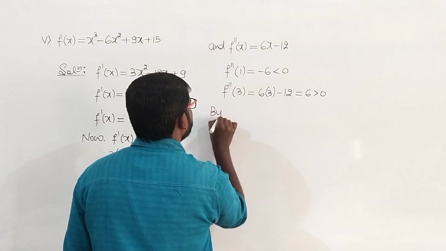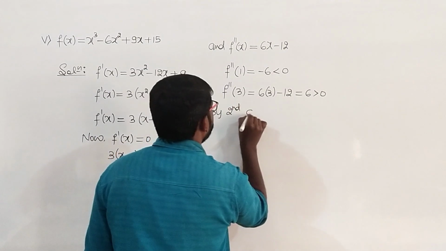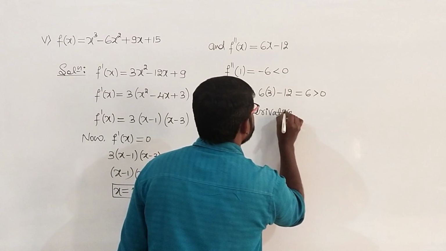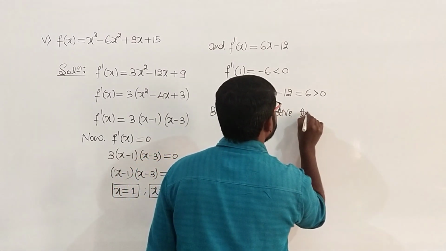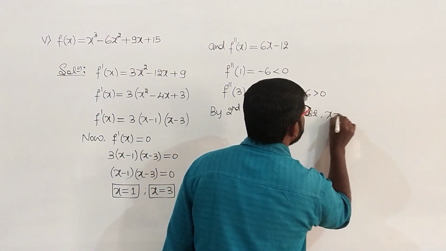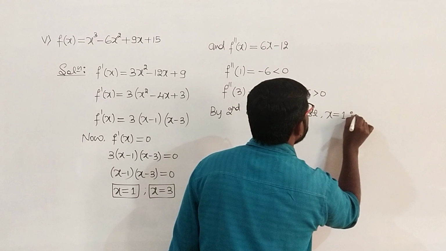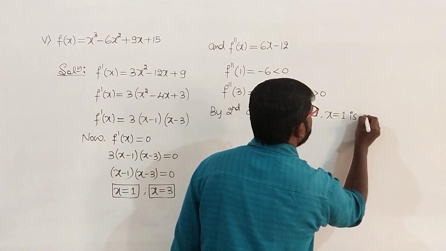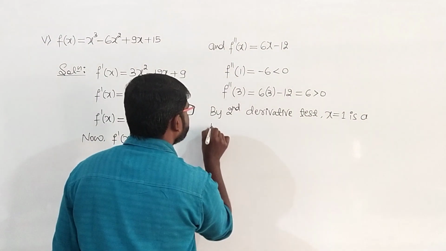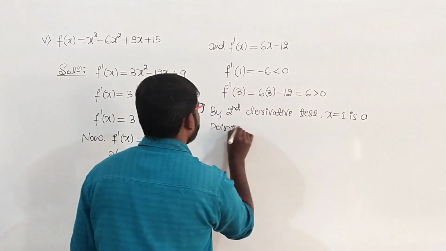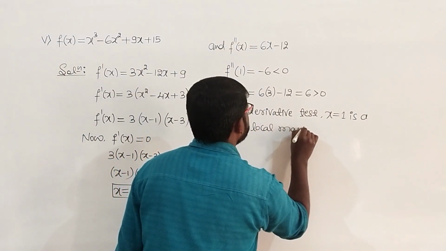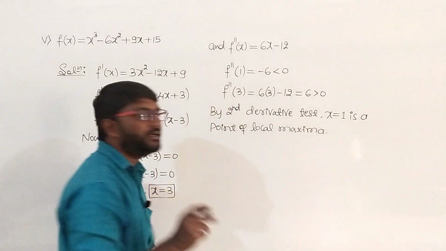By second derivative test, x equal to 1 is a point of local maxima, and we will have to find the local maximum value.